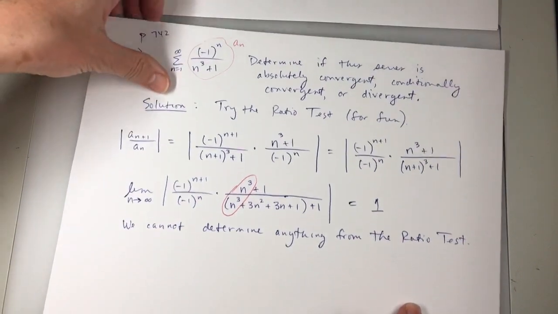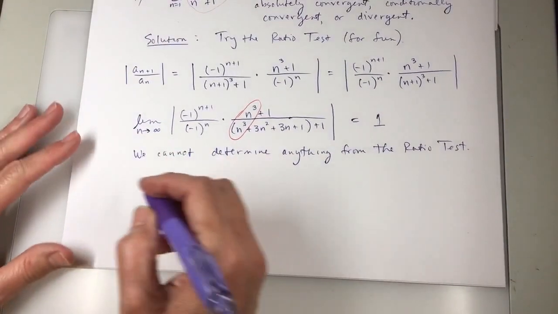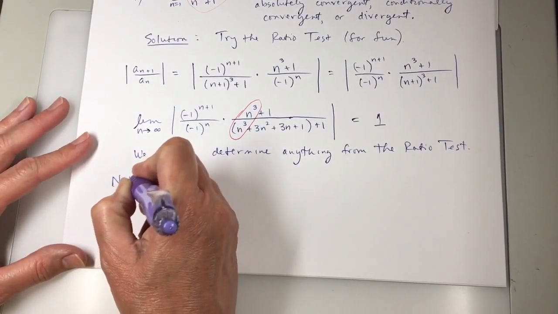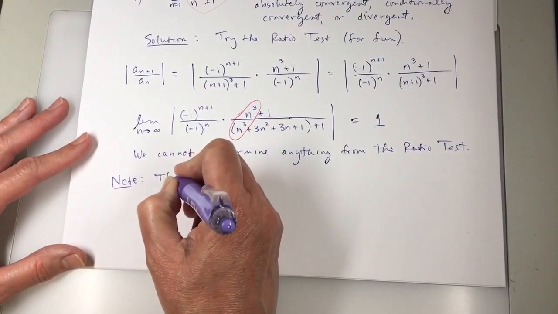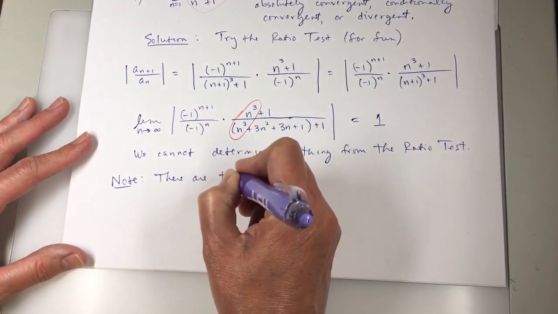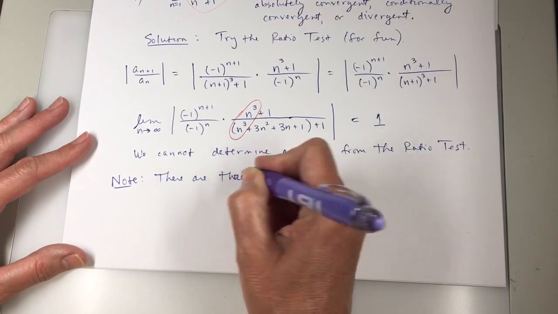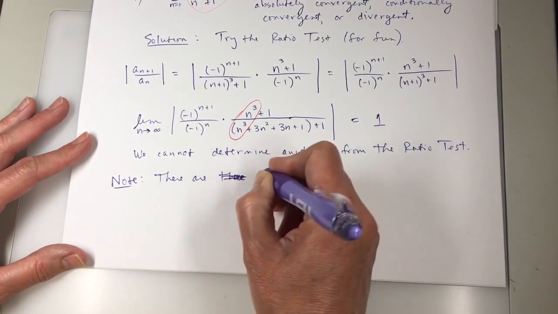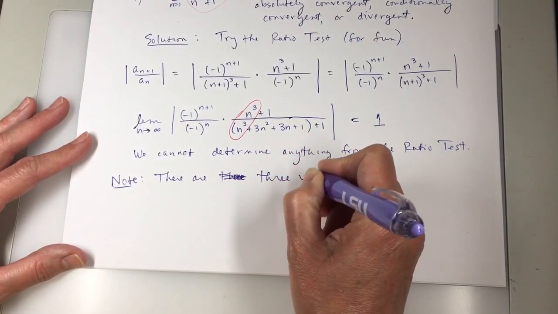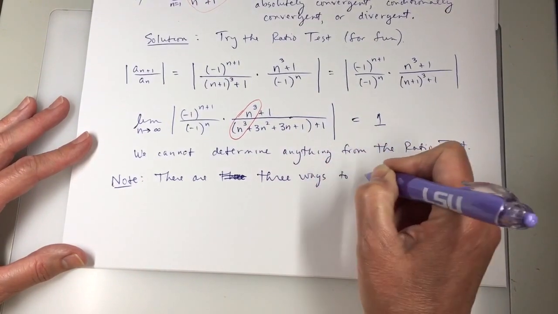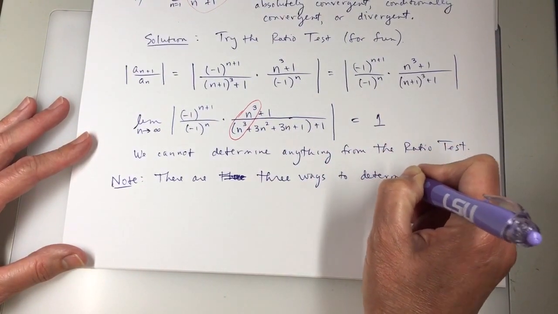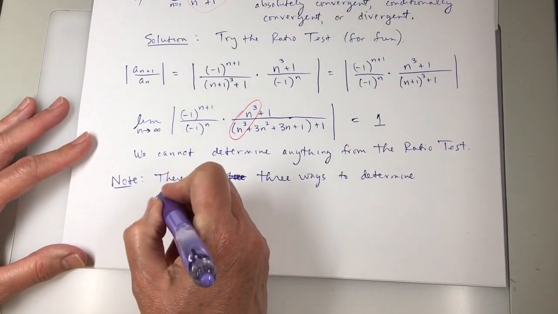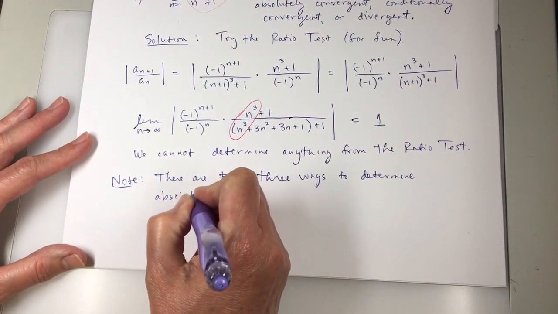So I need to write this so that you make sure you have this. So note, there are 3 ways to determine absolute convergence.